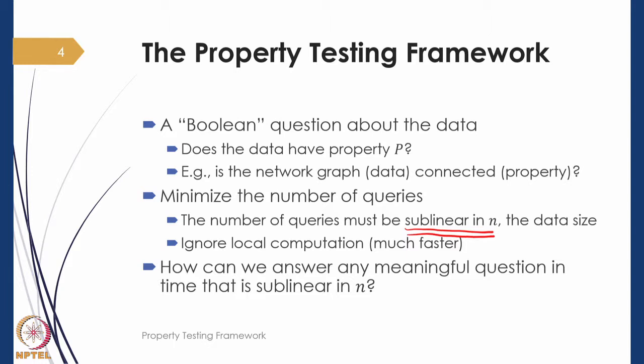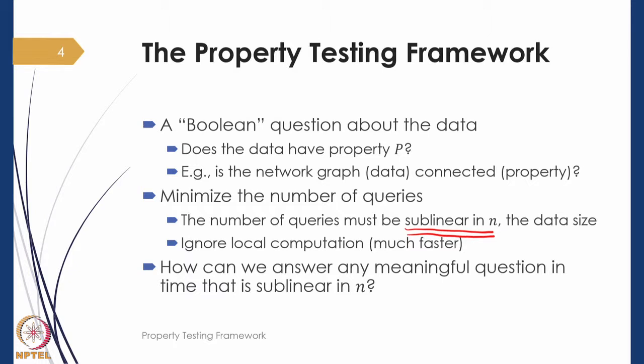For example, a constant number of queries, or the number of queries being logarithmic in n, or square root of n, or some such sublinear quantity in n. Of course, this would mean that we don't even have enough queries to read the entire data set.